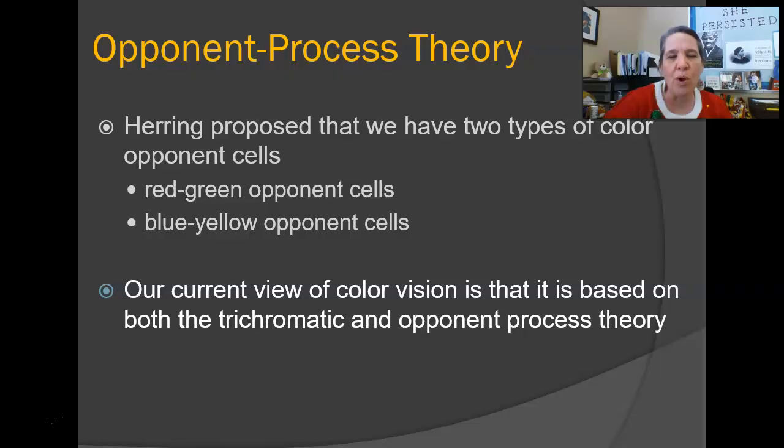Basically what that means is that if we are looking at an image that is red and stimulates our red cones, when we look away, we'll see the opposite color, which is green. Our current modern day view of color vision is based on both of those theories put together. Opponent process and trichromatic color theory are both believed to work together to allow us to see color vision.